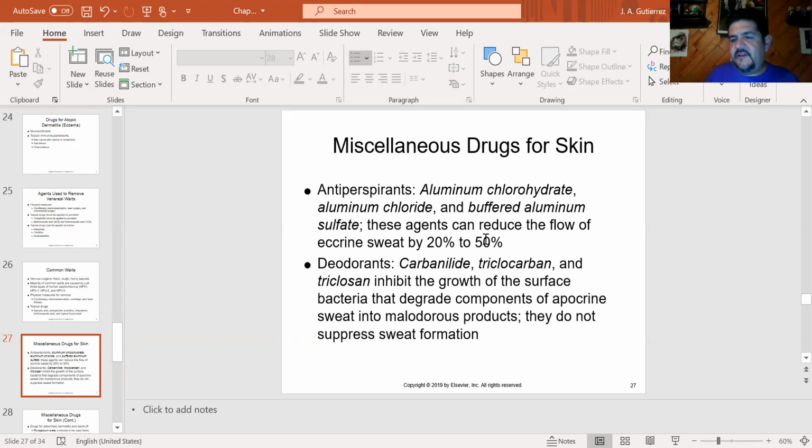Sweat by itself doesn't have a smell. The problem is, once that gland pushes the sweat out onto our skin, bacteria are able to grow from it, and that's when we have smelly sweat. So this can stop it.